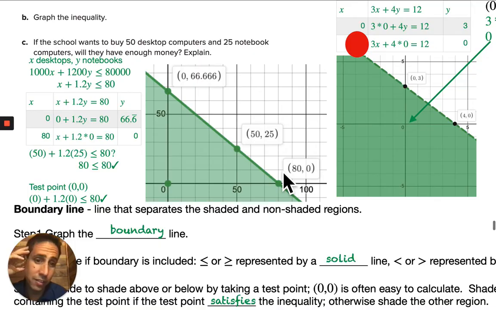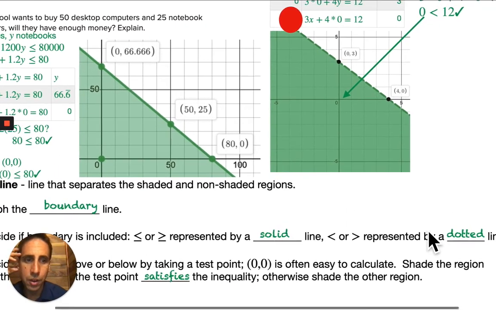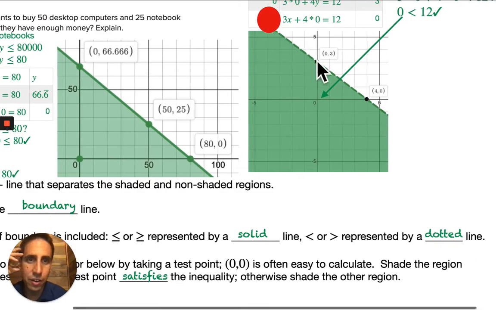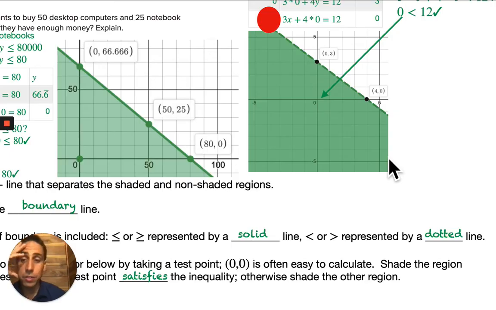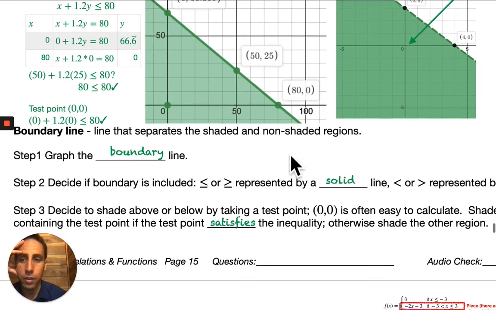You have to spend less than that. And the way we indicate that kind of boundary, it would be represented with a dotted line, as you can see right here. Boom, dotted. That means the boundary is not representing any solution to the inequality.